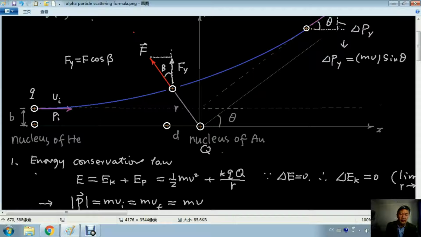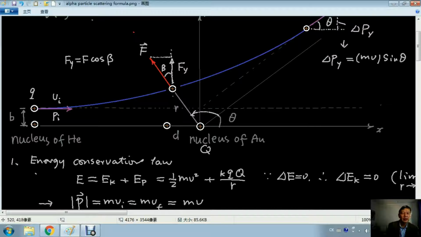So this is another angle, different from theta, which is the scattering angle. But these two angles are related. In this particular case, theta is the angle in the polar coordinate position, right? So this angle.